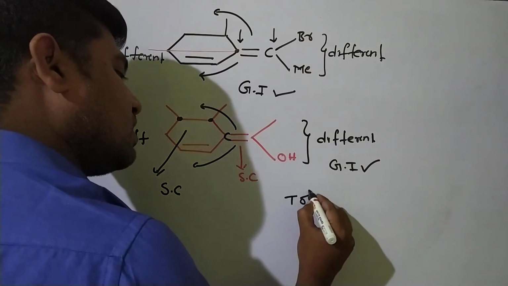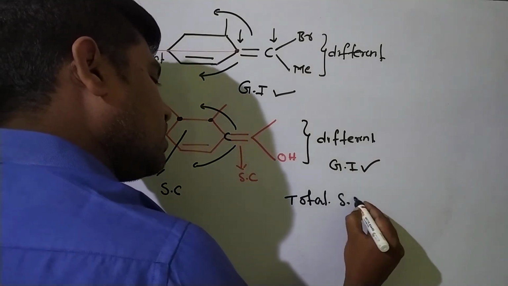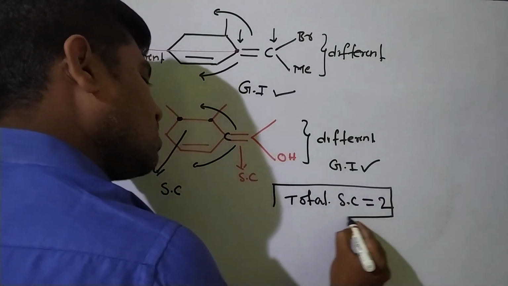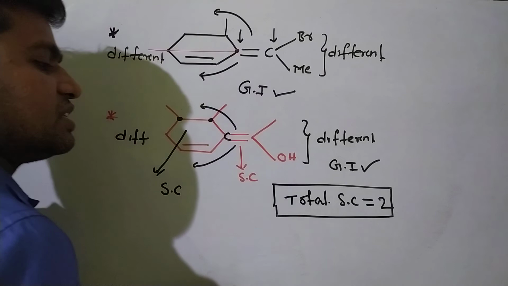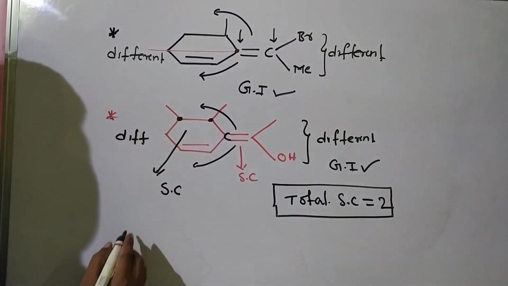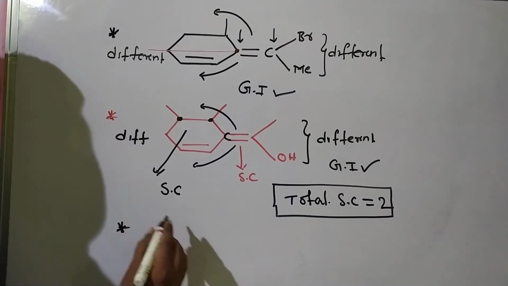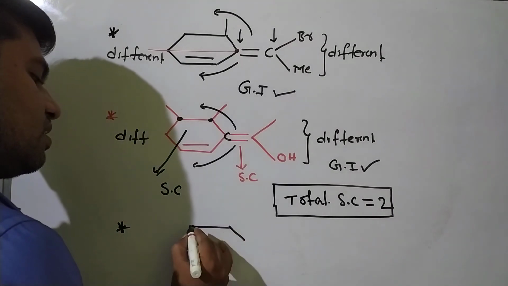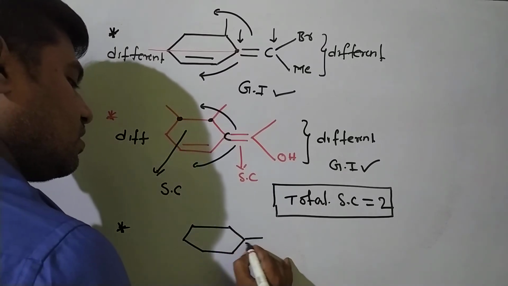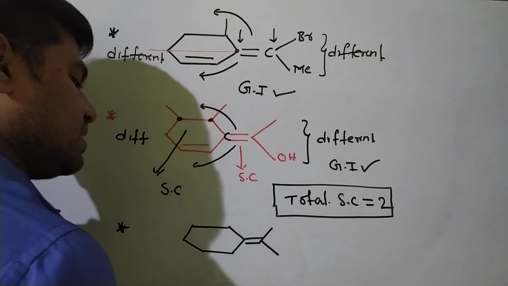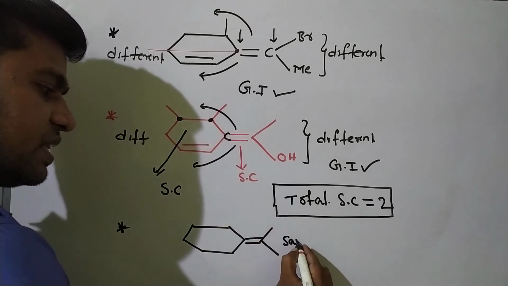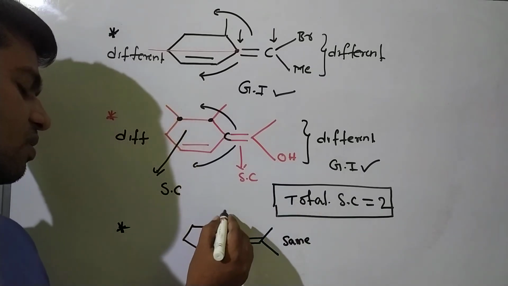So the total number of stereo centers is 2. This is also very, very important. Sometimes they ask how many stereo centers are present in the given compound. Okay. Next, some other example. This is methyl, this is methyl. So these two groups are the same, methyl, methyl.